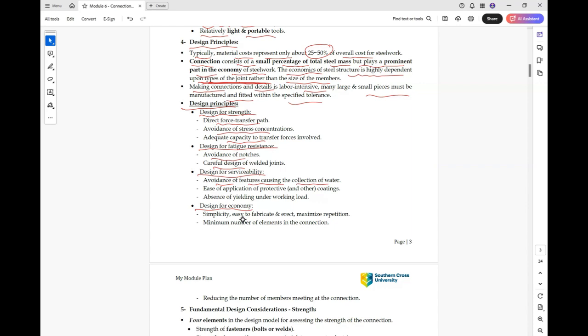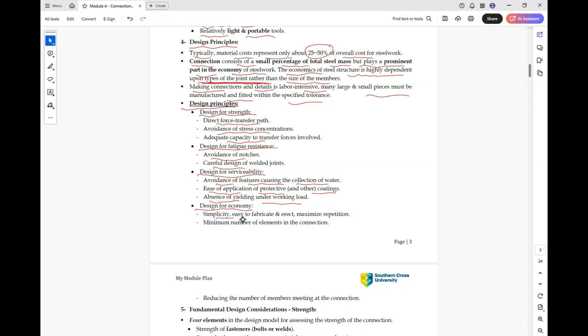Ease of application of protective coatings to prevent corrosion. Absence of yielding under working load. So we need to make sure that the connection will not yield under the working load or the design load.